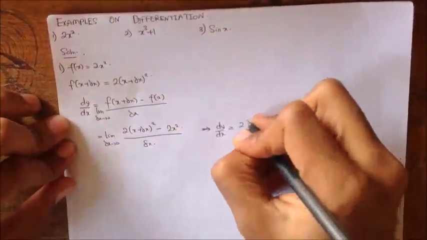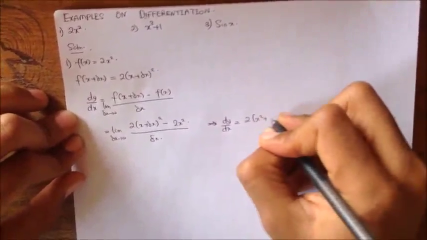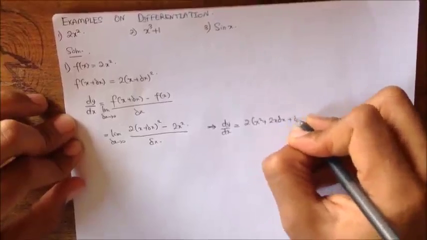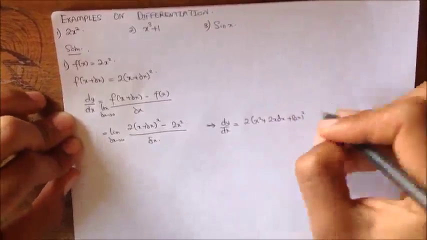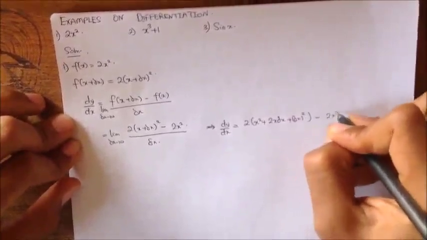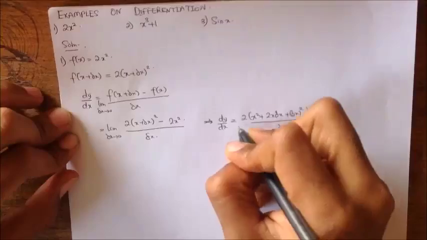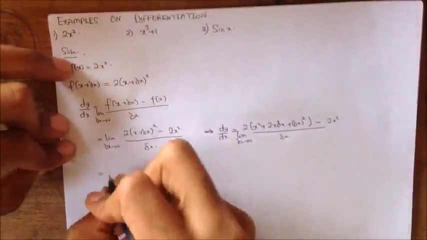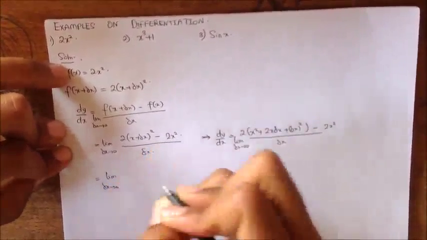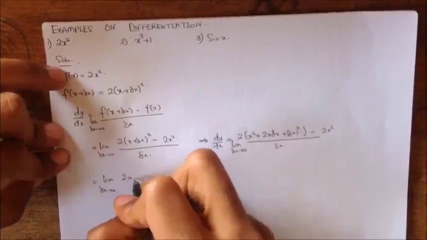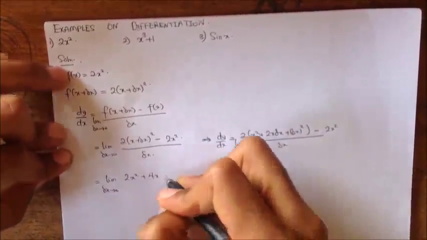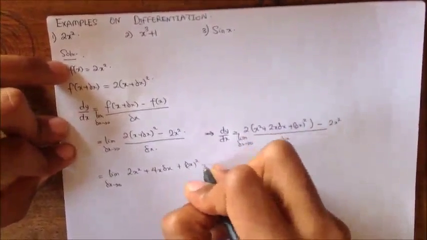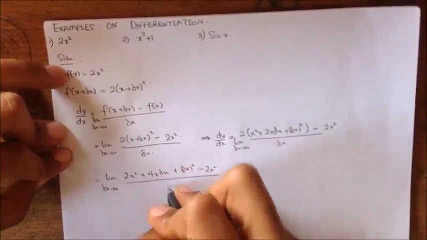It's going to be 2 into x squared plus 2x delta x plus delta x all squared, minus 2x squared, divided by delta x. Sorry, this is the limit as delta x tends to 0. You shouldn't forget this. It's always very important. When I open this bracket, it's going to be 2x squared plus 4x delta x plus 2 delta x all squared, minus 2x squared, divided by delta x.